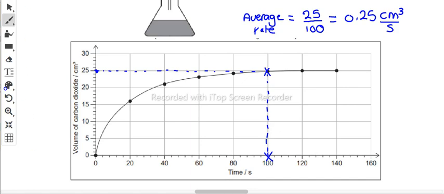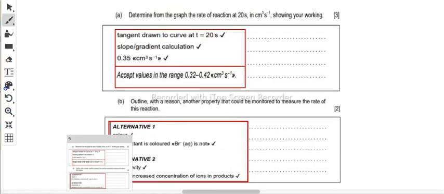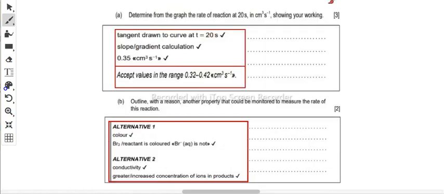Now we will go through the question. What is the question asking about according to the past paper? The first part, which is A, asks me to determine from the graph the rate of reaction at 20 seconds. In this situation, it's asking me to determine the instantaneous rate of reaction.